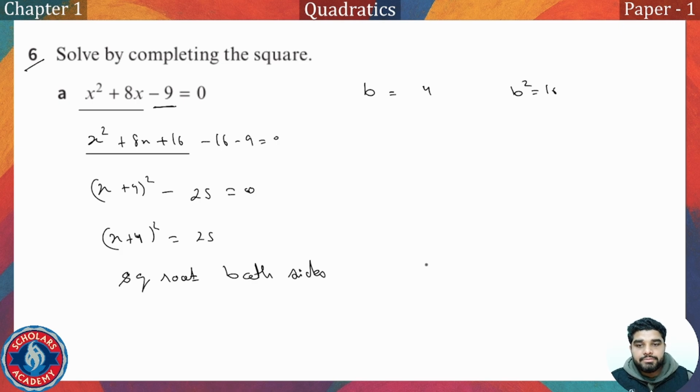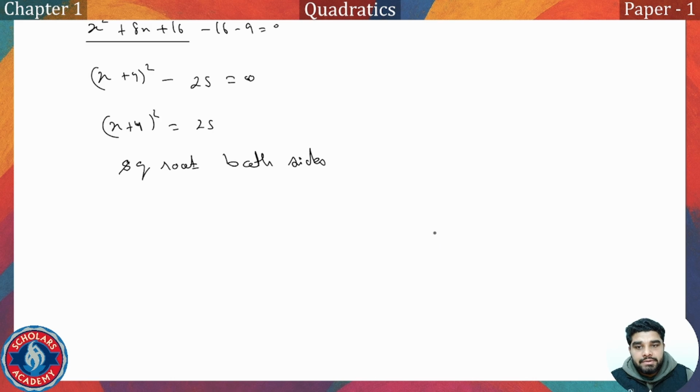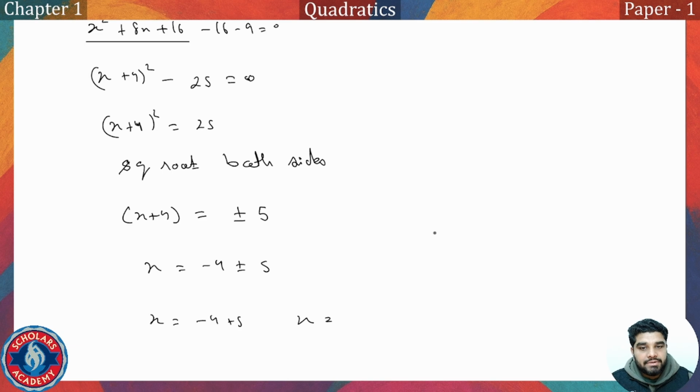Taking a square root both sides gives us x plus 4 is equal to plus minus root of 25, which is 5. And this gives us x is equal to negative 4 plus minus 5. That gives us x is equal to negative 4 plus 5, x is equal to negative 4 minus 5. So x is equal to 1, or x is equal to minus 9. So these are our answers.